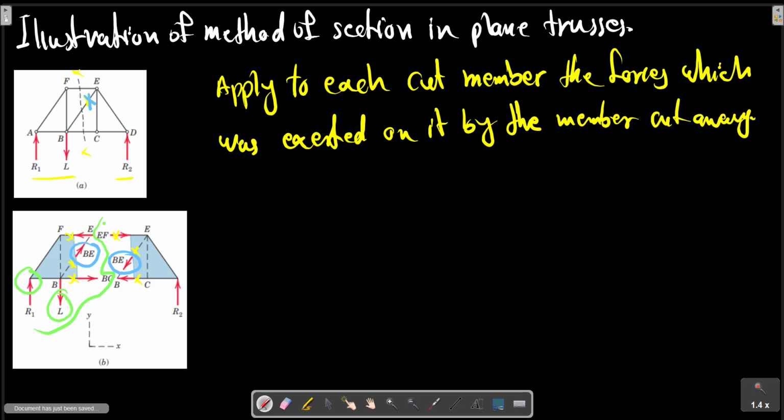We can usually draw the forces with their proper sense by a visual approximation of the equilibrium requirement.